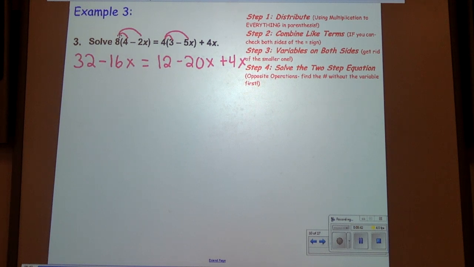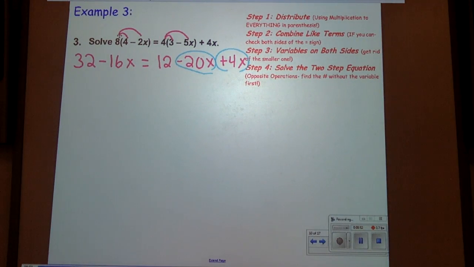So on the right, we have a negative 20x and a 4x, so we can combine those like terms. Okay, we're back, and when you simplify on the left, there's no like term, so we could rewrite 32 minus 16x equals 12, and then negative 20x plus a 4x is a negative 16x.